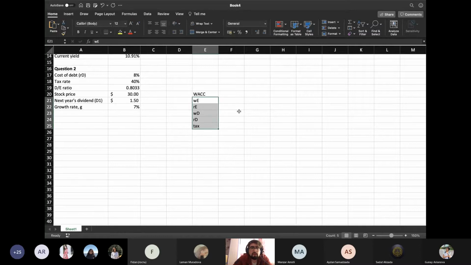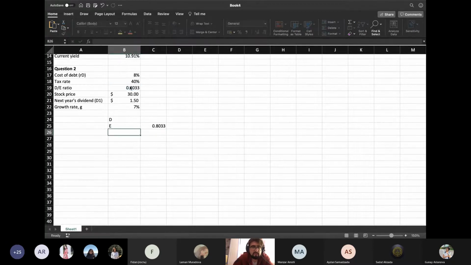Among them, we don't actually have the weights; we will find them with the debt to equity ratio. We have cost of debt, we have tax, we have to find RE. So our debt to equity ratio is this one.